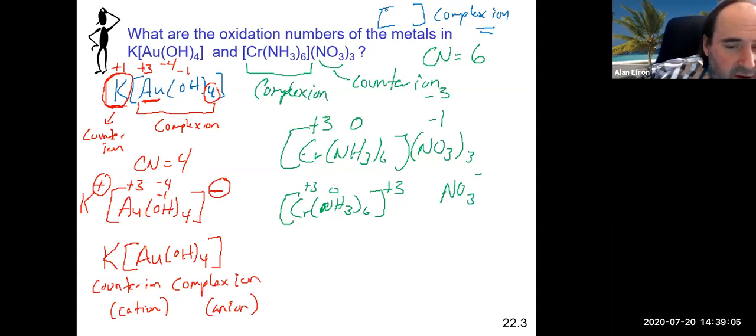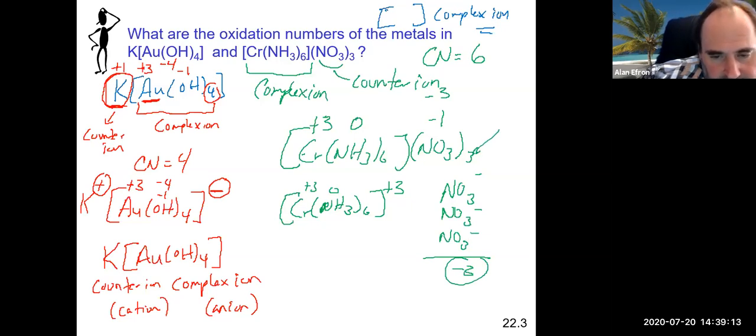So to balance it out, we don't need one of those, but we actually need 3 of them, which is why the 3 is right here. So we need 3 of those counter ions to balance it out. And this is actually opposite of what we had previously. Our complex ion in this part is our cation, and the NO3 minus is our anion, our counter ion.